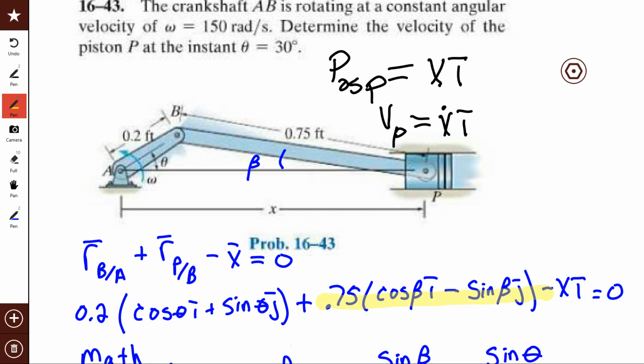What are you doing? What's this piece? You're going to the right, 0.75 cosine beta. That gets you up over the piston, right? What does this piece do? It brings you down, right? So basically, I've walked along this rod because I'm using its variables.